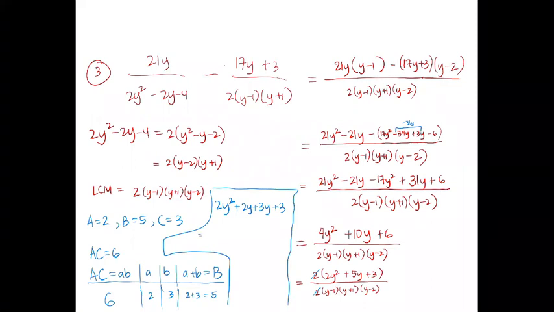You group this together and then this together so that you will get 2y times y plus 1 plus 3 times y plus 1. And if you factor this completely, you will have 2y plus 3 times y plus 1.